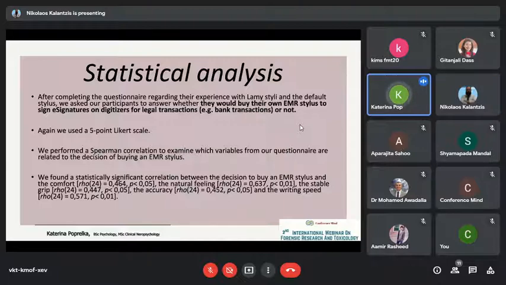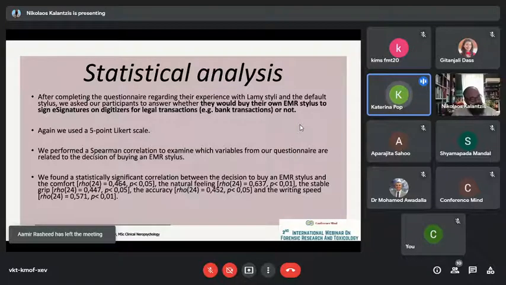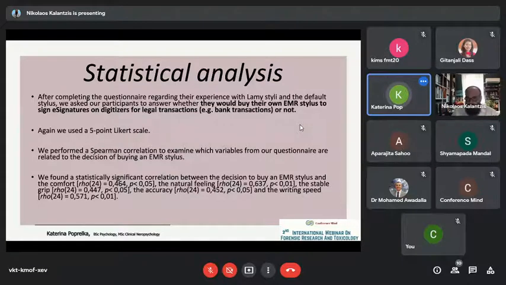We performed a Spearman correlation to examine which variables from our questionnaire are related to the decision of buying an EMR stylus. We found a statistically significant correlation between the decision to buy an EMR stylus and the comfort, the natural feeling, the stable grip, the accuracy, and the writing speed.